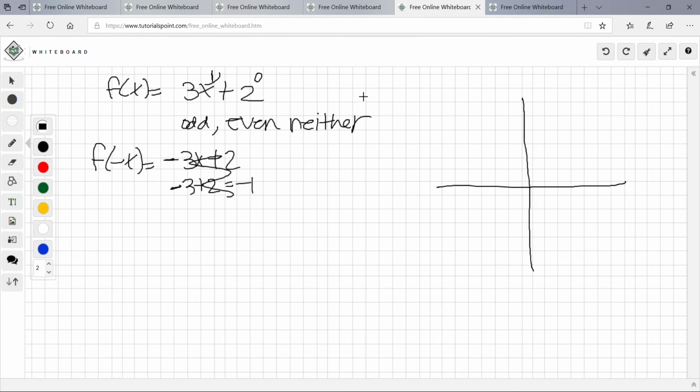So this is a linear equation with a y-intercept of 2, so it'd be 1, 2. And then you go up 3, 1, 2, 3, and 1 right. So it will roughly look something like this.